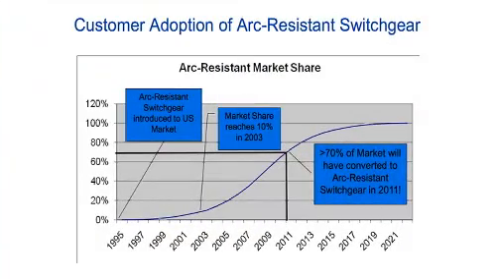Well, lo and behold, as time has gone forward, and here we are in 2011, 70% of the switchgear that we see at ABB is arc-resistant switchgear. So do I say with some confidence that in 3 to 5 years we will be building nothing but arc-resistant switchgear?